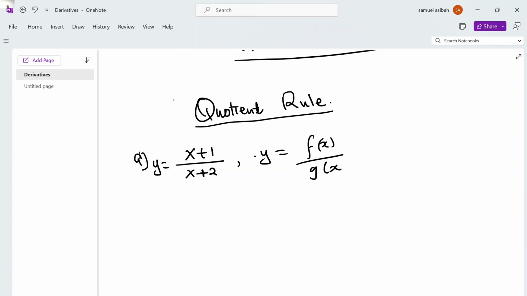So when you have this form of function, then we know that we are supposed to use the quotient rule. It's division. We are now in the division area. Okay, so what did we say is the formula for this?